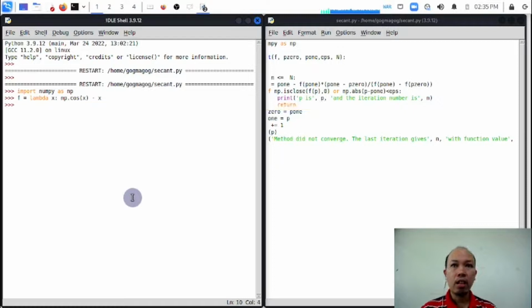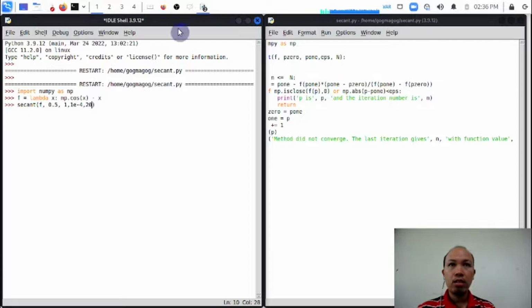Okay, and then let's call the function secant f, comma, so this is our function f, and then our p sub 0 is 0.5, and then our p sub 1 is 1, and the tolerance is 1 times 10 to the negative 4, and then the iteration is 20.